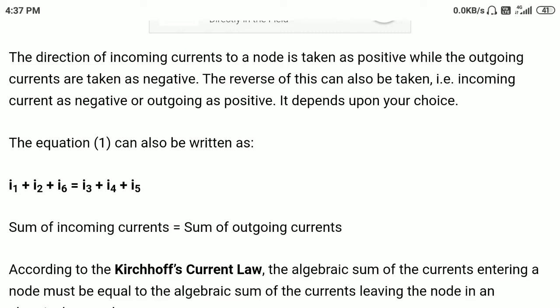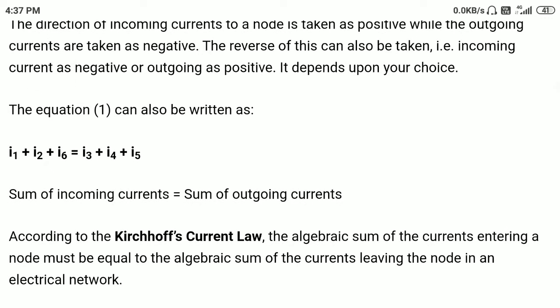So here equation 1 can also be written with I1, I2, I6 positive on the left side, and I3, I4, I5 on the right side. So I1 plus I2 plus I6 is equal to I3 plus I4 plus I5.